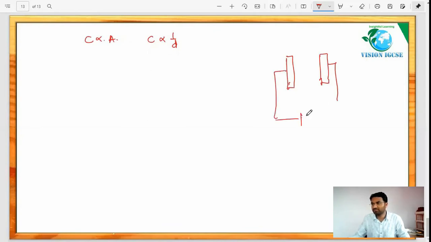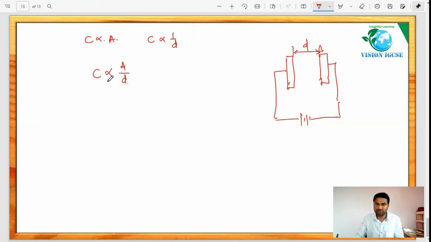The distance between the two plates is d. So capacitance is directly proportional to area and inversely proportional to the distance between them, right? So the capacitance of two plates is proportional to A over d.